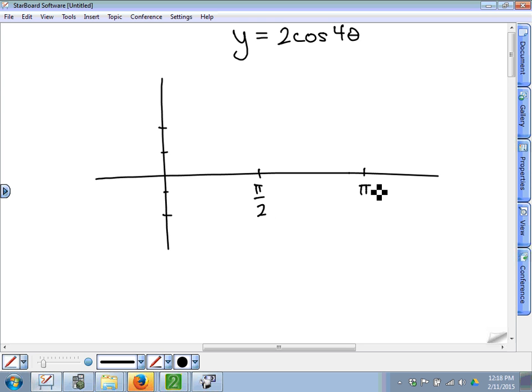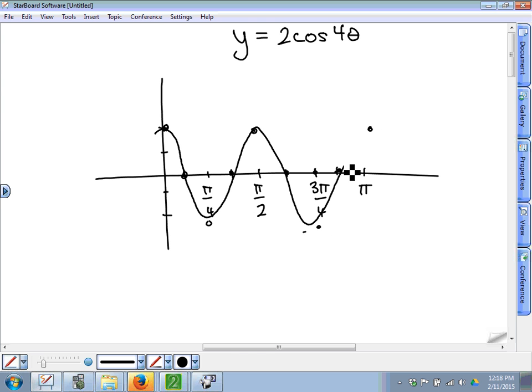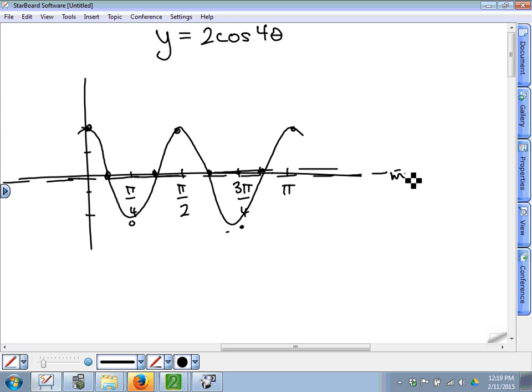So then you end another one at pi, and then here you have pi fourths. I know I'm going real quick here, but so it starts up here, comes down. Isn't that how we do this? So the graph would look something like that, right? If you cut this graph right here, isn't that about the midway point? Yep. So that's called the midline.